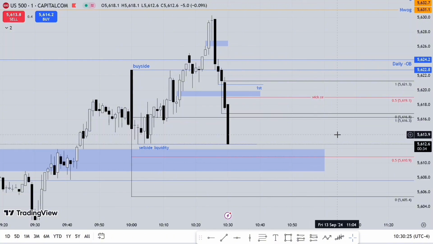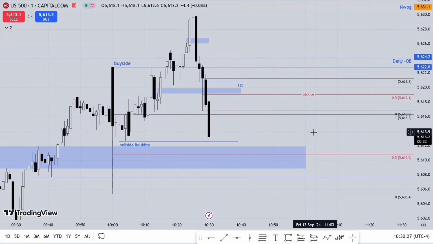You want to participate in price action that is giving you direct feedback, not giving you a 50-50 scenario or not retracing to your point of interest, your PDRs. So you want price to be respecting your PDRs that has been indicated by the algorithm.